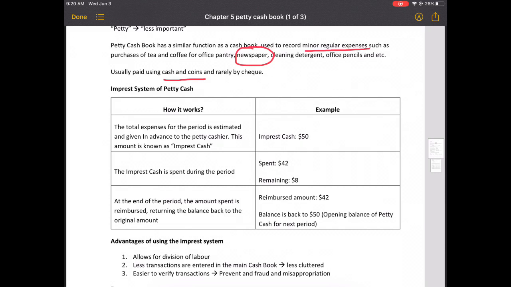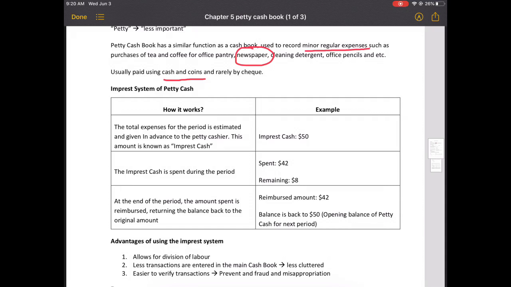Okay, and this Imprest cash is spent during the period, but the spent amount may not reach $50. So you may spend only $42 out of that 50. So you have a remaining of $8. And then at the end of the period, this could be at the end of the month, the amount spent is reimbursed.